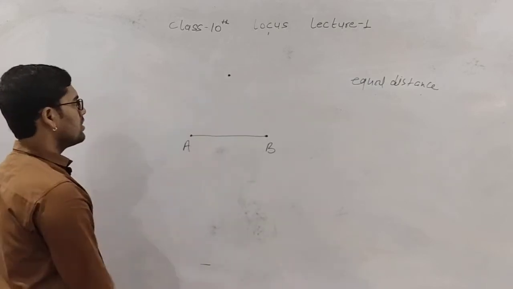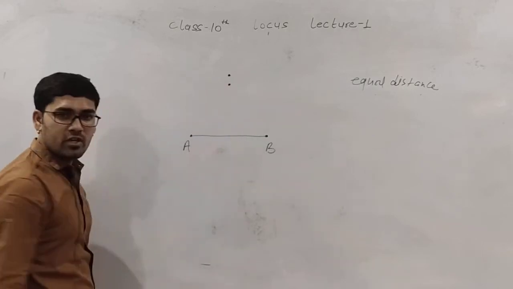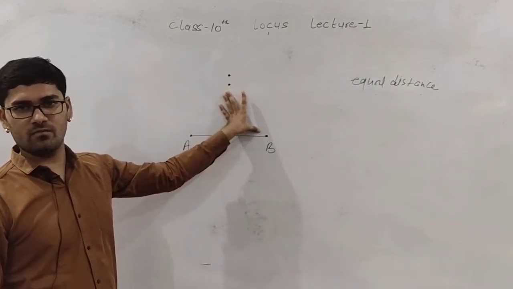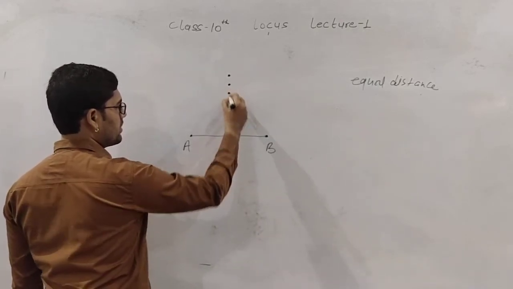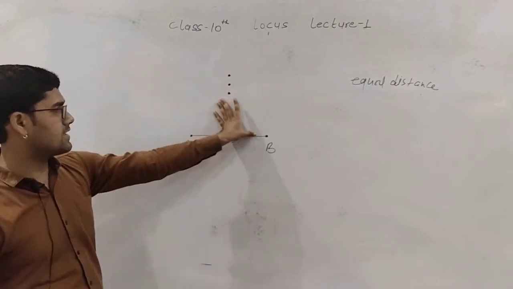Another point, this can also be a point. This distance and this distance are also the same. It can also be another point. The distance is equal.